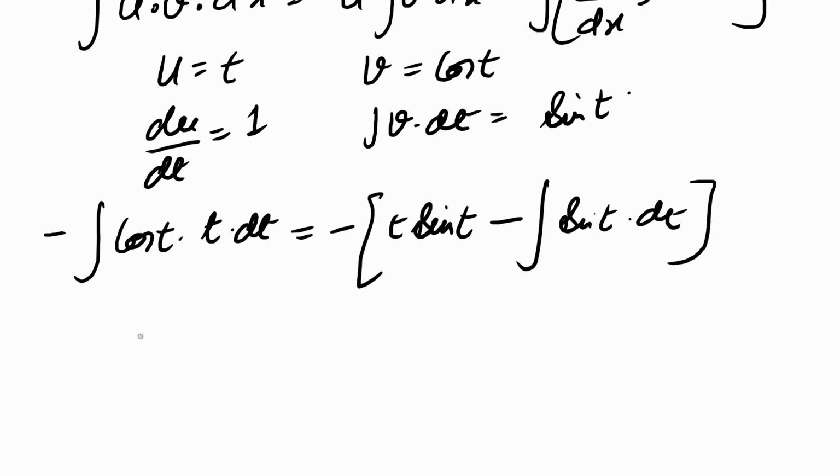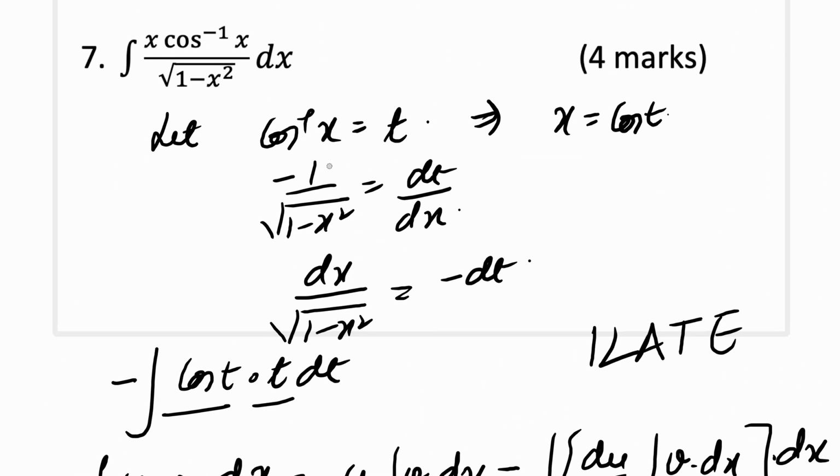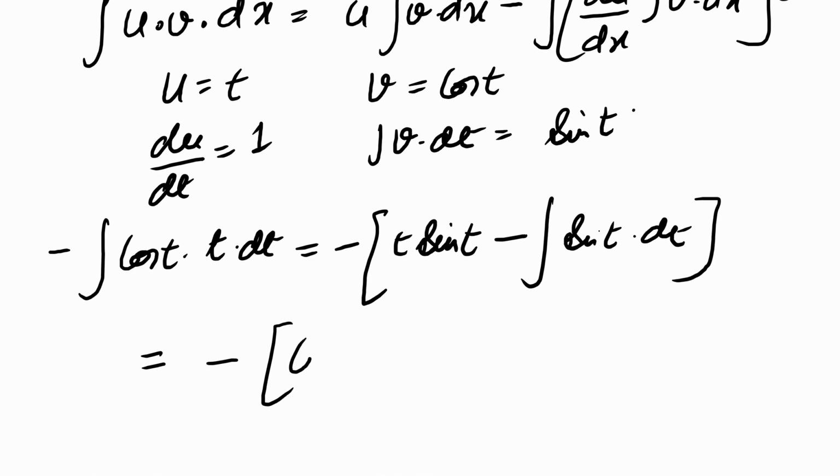So what will I get over here? Minus t, and what is t? T from here is cos inverse x. T is nothing but cos inverse x times sin t. Let's write it down as sin t at the moment, and we'll write it plus cos t dt.